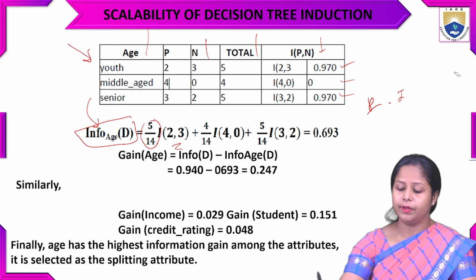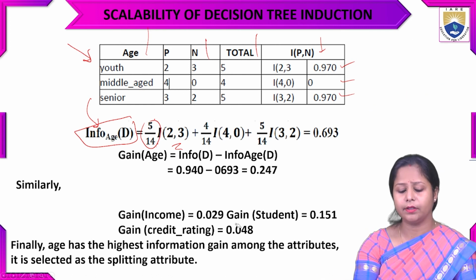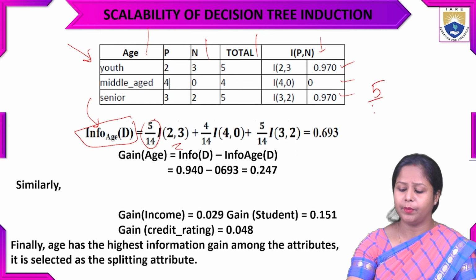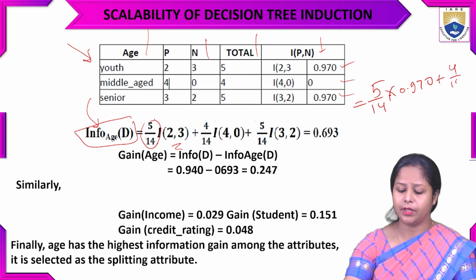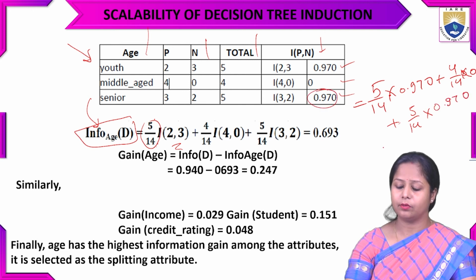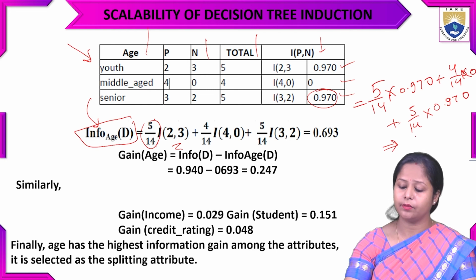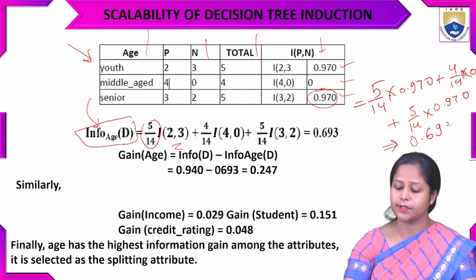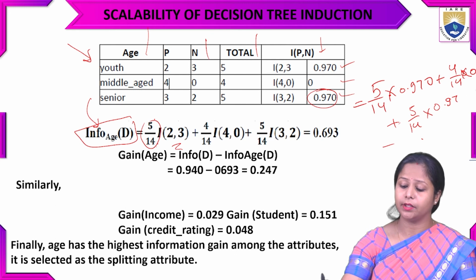So we calculate 5 upon 14 into 0.970, plus 4 upon 14 into I of 4, 0, which is 0, plus 5 upon 14 into I of 3, 2, which is 0.970. After the calculation, the value we get is 0.693.